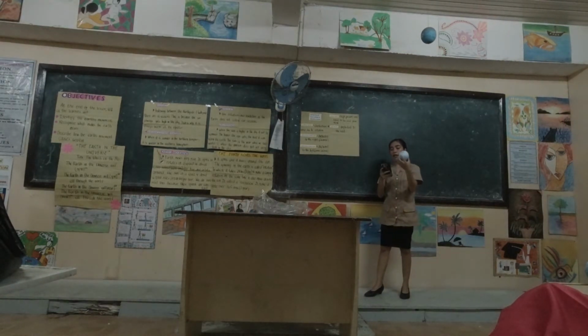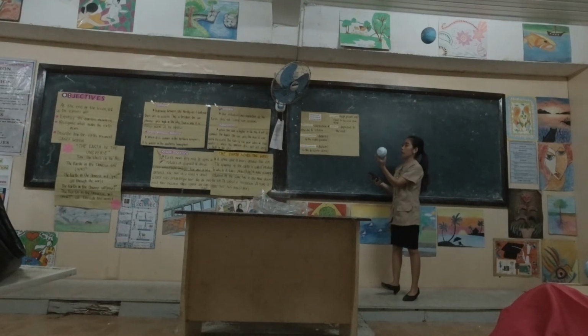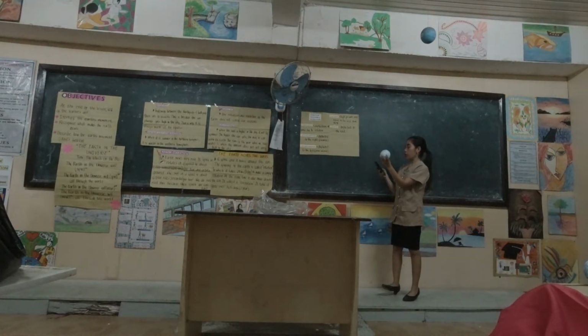It says here na yung movement ng Earth, di ba, kapag nag-rotate siya, sumasama lahat yung mga wind. So kapag ganito yung ikot niya, maapektuhan yung, kumbaga, what I call the typhoon.